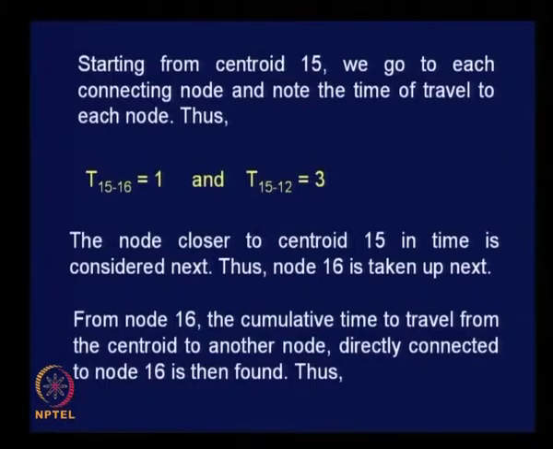From node 16, the cumulative time to travel from the centroid to another node directly connected to node 16 is then found. So 15 to 16, then proceed further from 16, and please perceive the network clearly.